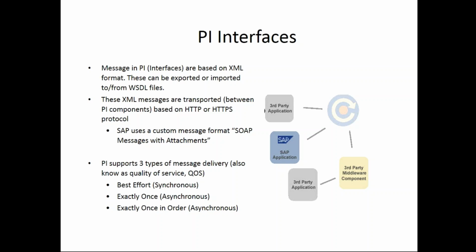Exactly once and exactly once in order are kind of the same, where exactly once means irrespective of the order in which the data is going, and exactly once in order means the data is sent to the receiver in exactly the same order in which it has been received. So there won't be any change in the order of the messages. So exactly once in order, and this is asynchronous.